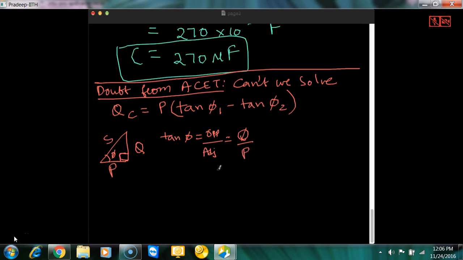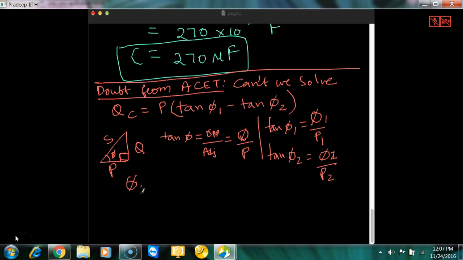Is P. So from this, I get tan phi 1 is nothing but Q1 by P1. Tan phi 2 is nothing but Q2 by P2. I'm just writing the subscripts. But P1 and P2 are equal in both cases. Okay, so then what is Q1?